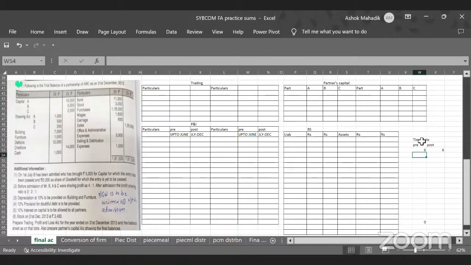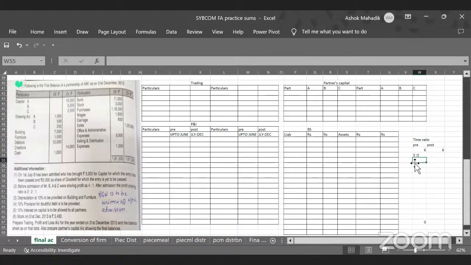So the time ratio is 1:1. We'll use the time ratio to divide all office expenses and depreciation between pre and post column. Clear?